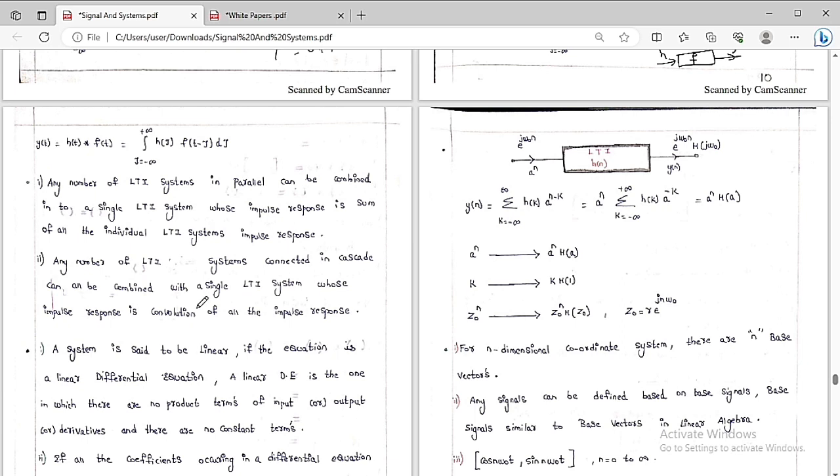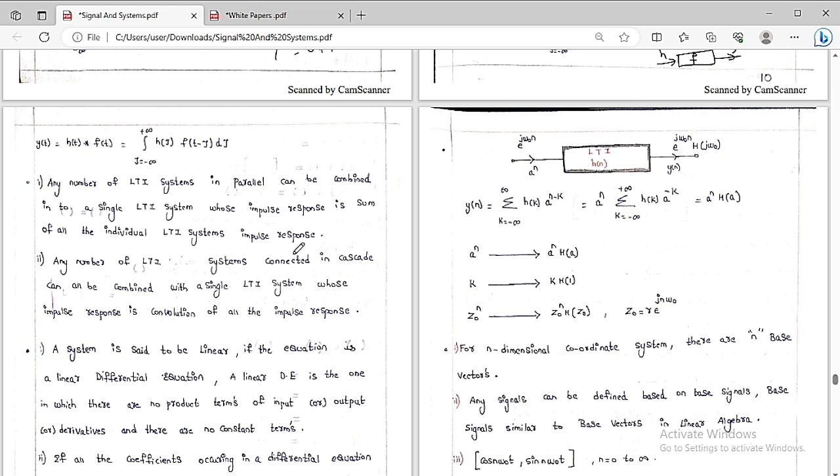Now the next point is that any number of LTI systems in parallel can be combined into a single LTI system whose impulse response is the sum of all the individual LTI system impulse responses. I have already told you, suppose you take a number of LTI systems in parallel.